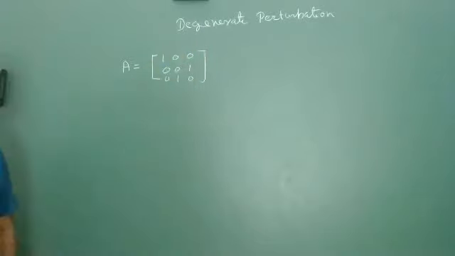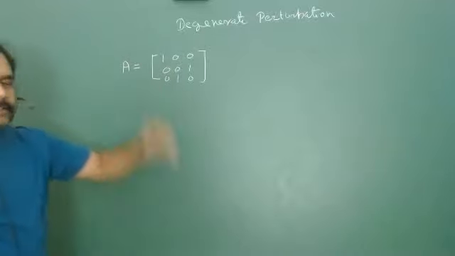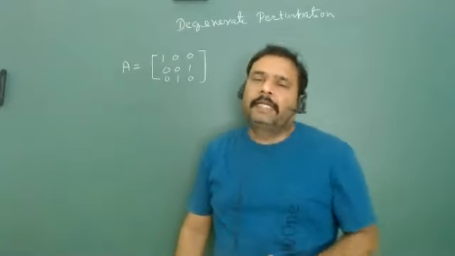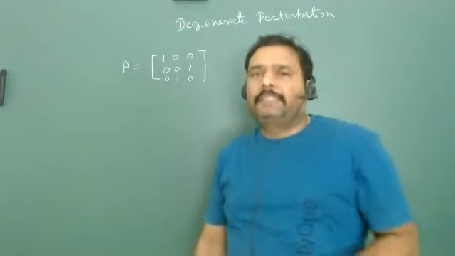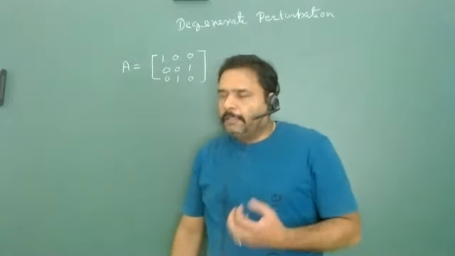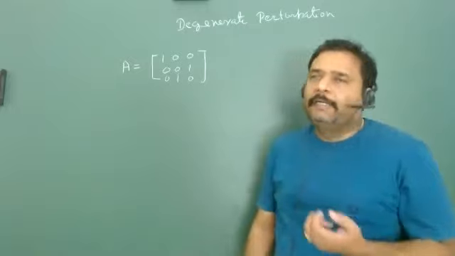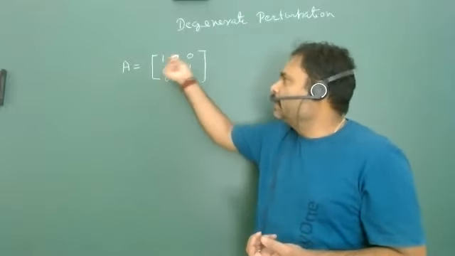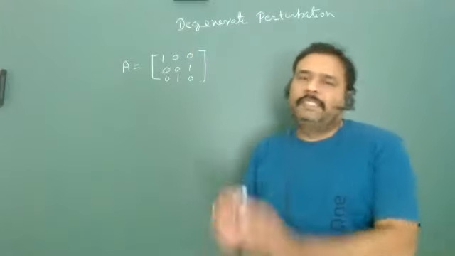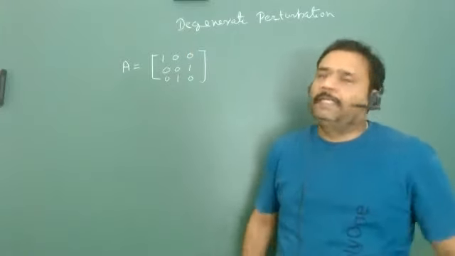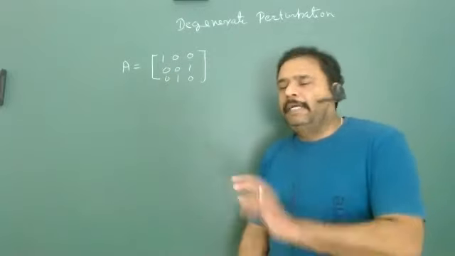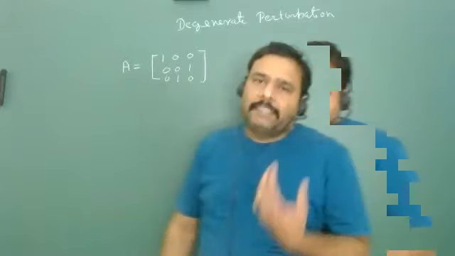I want to diagonalize this matrix. You have to diagonalize it in a basis, and the best basis is the eigenvectors of this matrix. So the first step is to find the eigenvalues and eigenvectors.